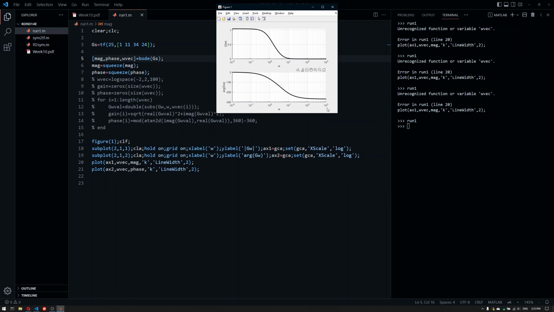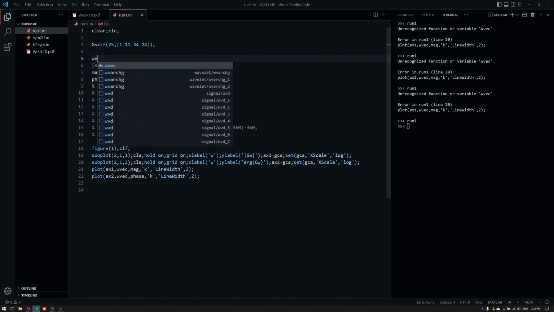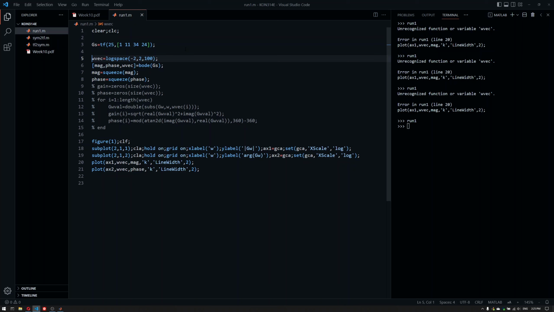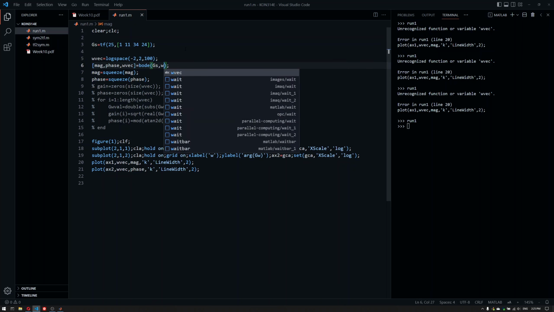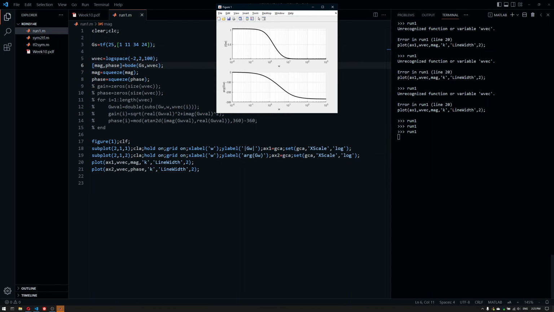Here you can see it picked 10 to the power of 3. Maybe I'm only interested in the log space one that I've created previously, like this one here. So I can also provide it here, omega vec. Since I did provide it, I don't need it as an output argument, and the frequency range will be updated. So it goes from 10 to the power of -2 up to 10 to the power of 2. And that's basically it. You have, again, the same plot.